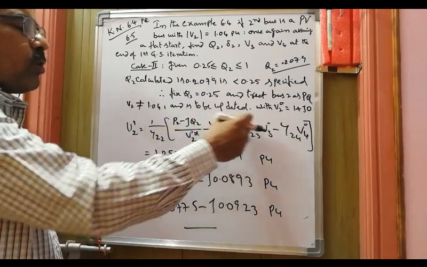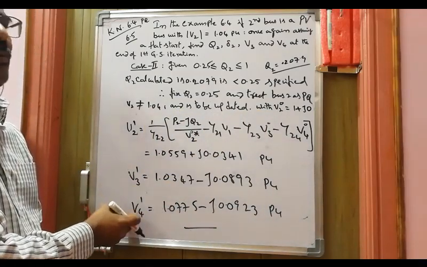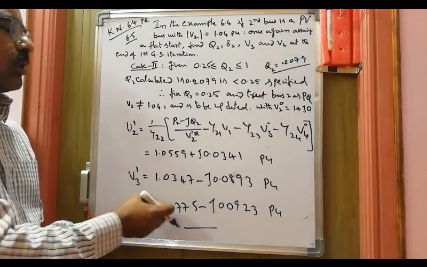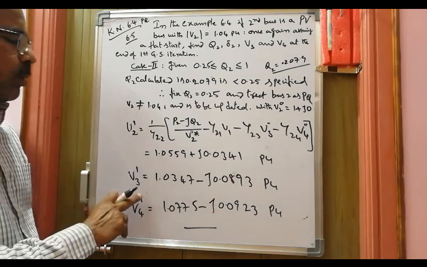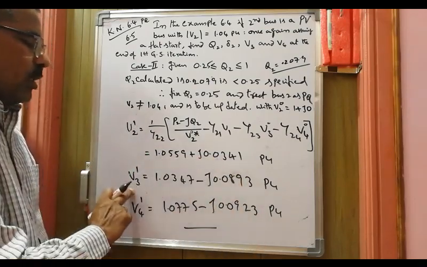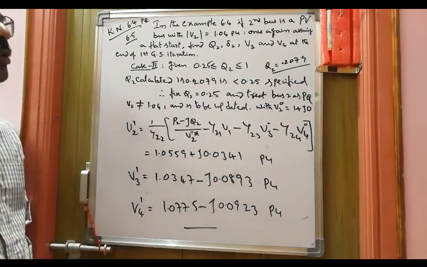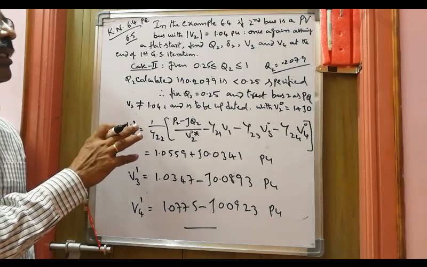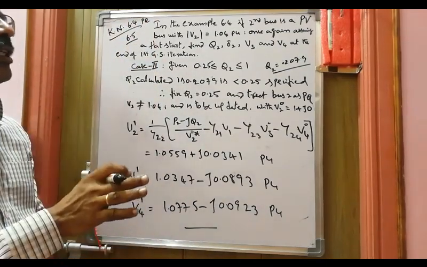Substitute corresponding values to obtain V3, and then V4. So this is how you can finish the problem. The final values are V2 1 is this, V3 1 is this, V4 1 is this. That concludes Kothari and Nagrath example 6.4, a fully worked out example.